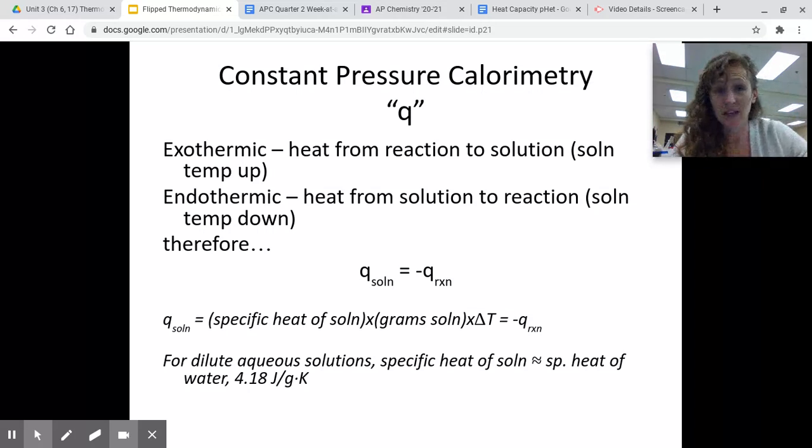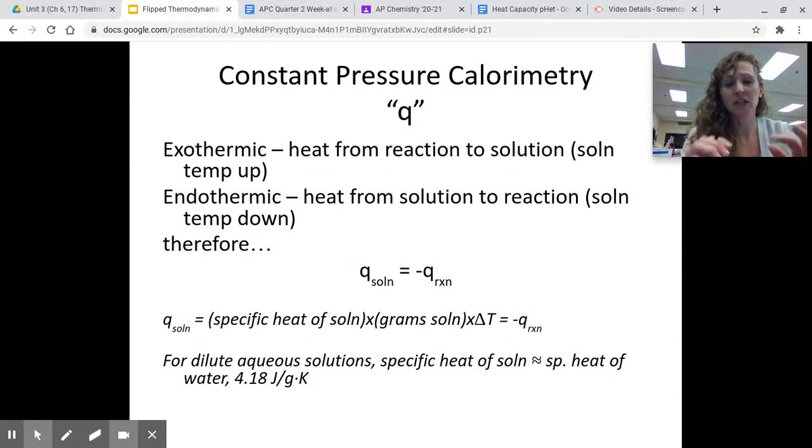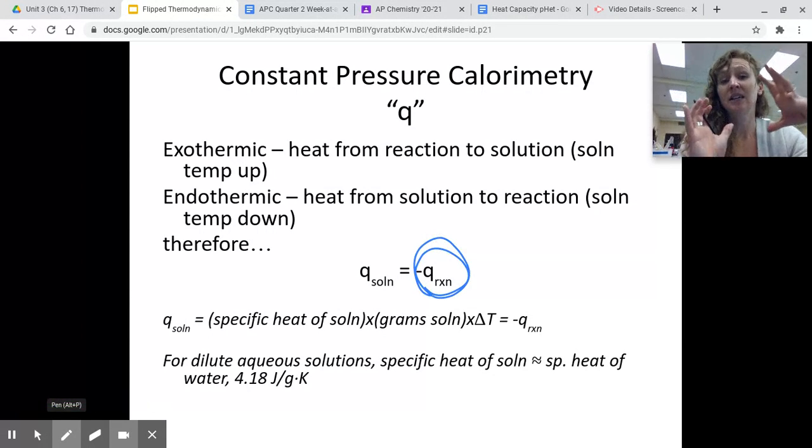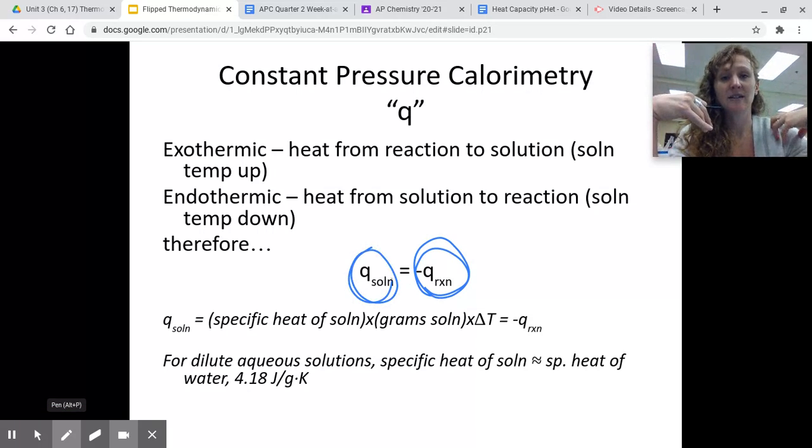But whatever the case, we're basically assuming a perfect transfer of energy. So whatever the solution, whatever the reaction gives off in terms of energy, the solution is going to take on. So the Q of the reaction is going to be the same magnitude as the Q of the solution.